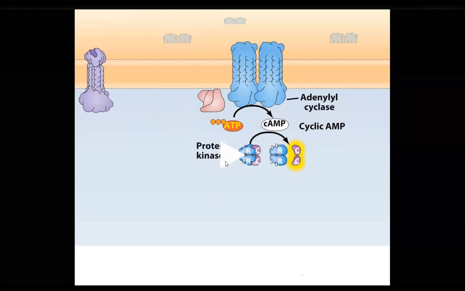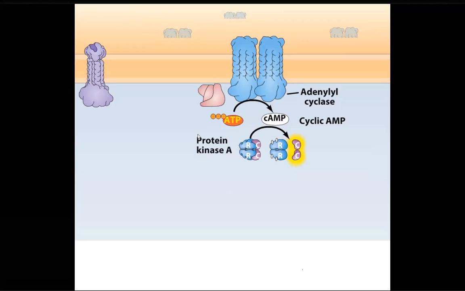Once the binding to specific protein kinases takes place, the protein kinases will become activated. As the protein kinases become activated, then the next process of the protein kinase signaling is going to take place. How? Let us have a look at it.